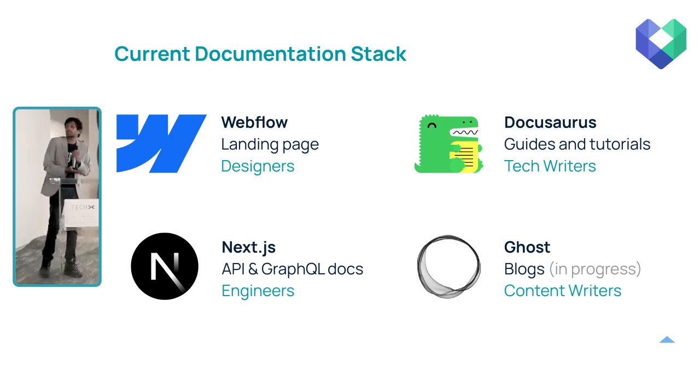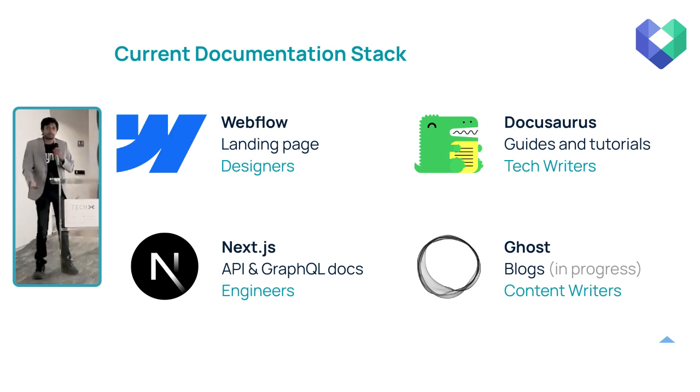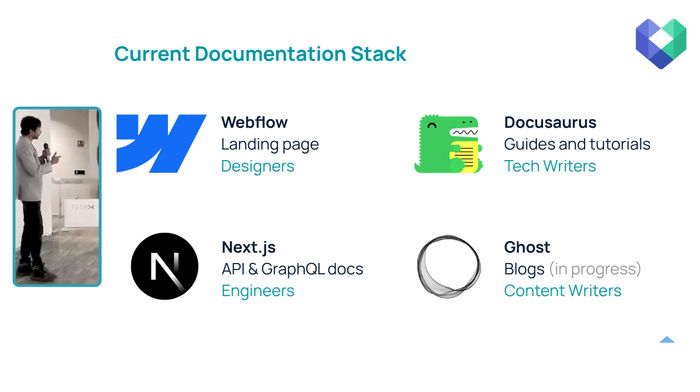Markdown was not always great for technical writers, but recently people are a lot more comfortable writing in Markdown. People write in Markdown, and it gets converted to HTML. The syntax is Markdown, but we use Docusaurus for that. Next.js, so this part is a little interesting. We don't really write all the actual API and GraphQL docs.